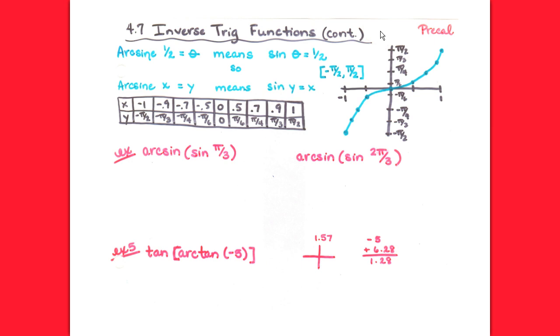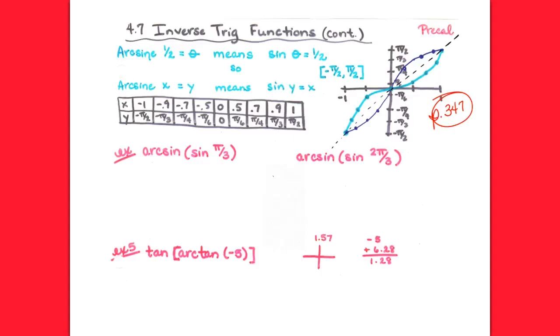We could do that same process on page 347 in the middle of the page for cosine and generate the graph that you see there. And then on the bottom of the page for tangent, and you'll see the graph there for arctan. So a great place there on 347 to get all three of your graphs, arc sine, arc cosine, and arctangent, their domains and their range.